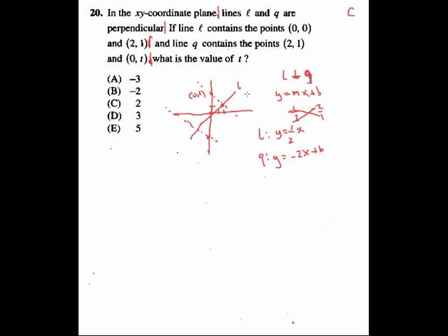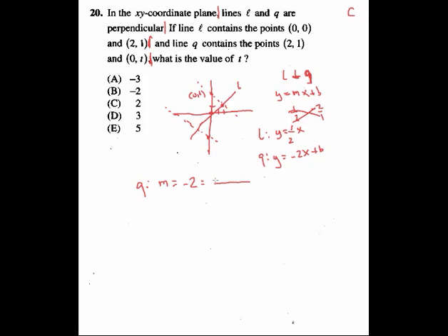Here's the thing. We've been talking about negative reciprocal slopes this entire problem, and you don't want to walk away from it, because we know that the slope of line Q equals negative 2. We know that for sure. And they gave us 2 points so that we could solve for the slope.